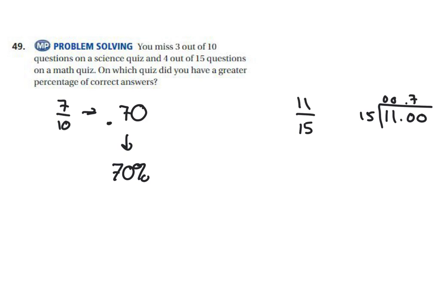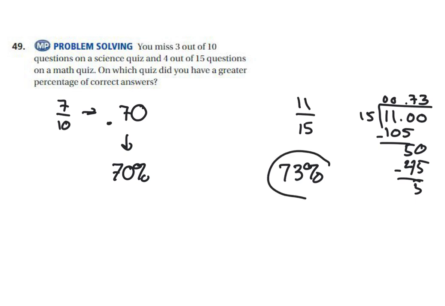And then 7 times 15 is 105. 15 goes into 50 3 times. 3 times 15 is 45. We can actually stop right there because we know that 0.73 is 73%. 73% is obviously better, it's bigger. So therefore, we would say we did better on the science.